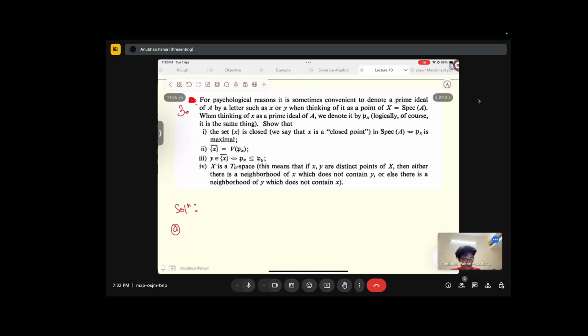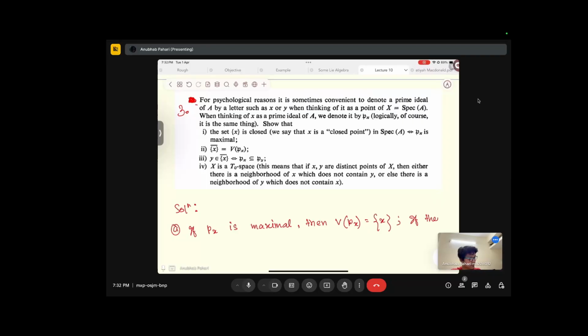For the solution: if p_x is maximal, then V(p_x) equals {x}.